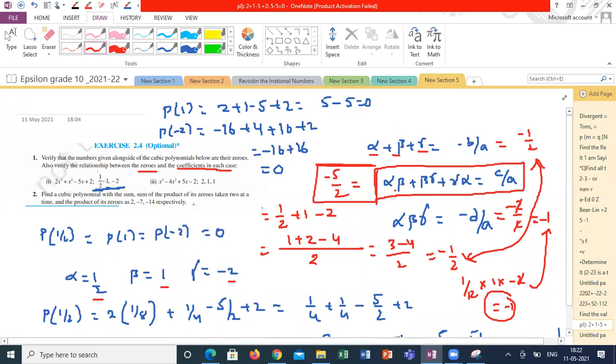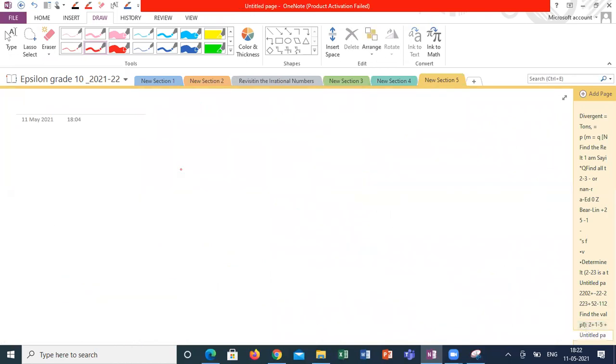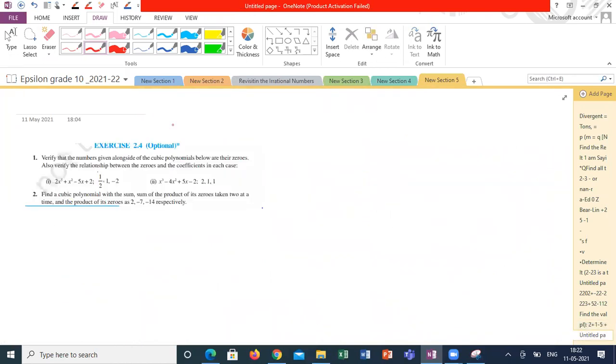Second question. You can do the same here. This is also to verify whether they are zeros or not, but only for the cubic equation. The second question: find the cubic polynomial with the sum of the zeros, the sum of the product of the zeros taken two at a time, and the product of the zeros given.